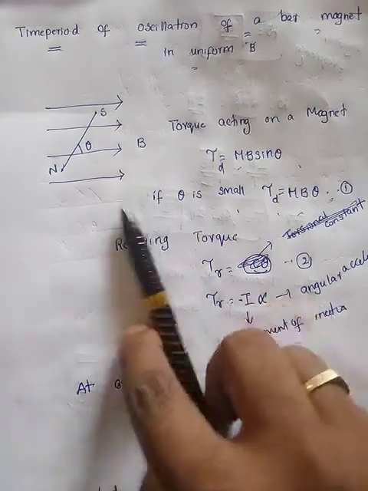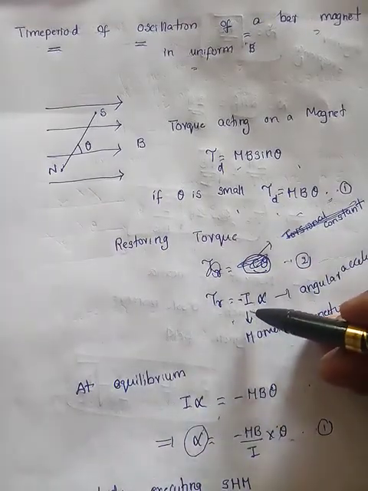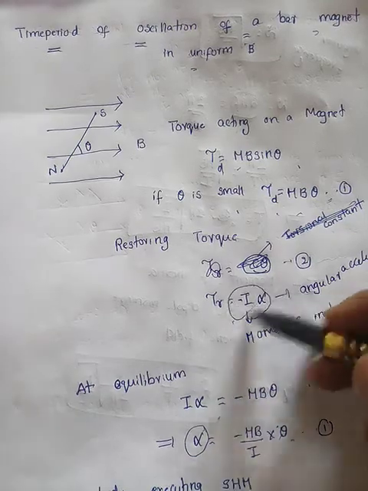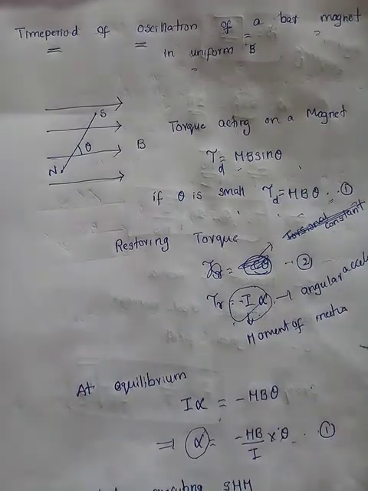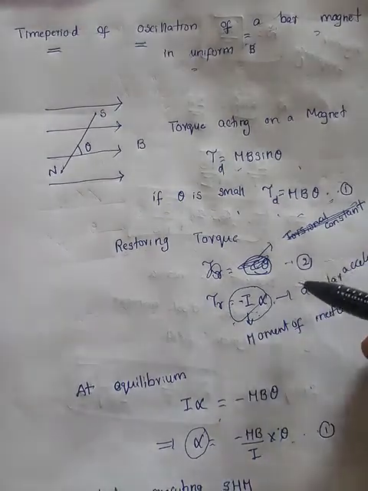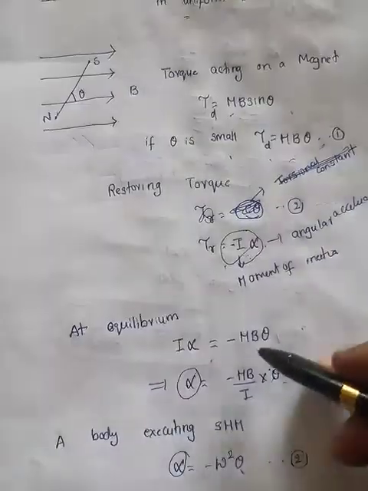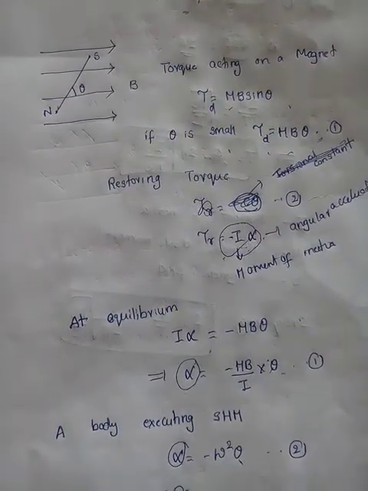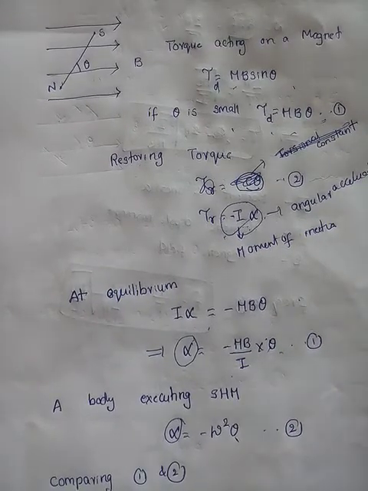What is that torque called? Restoring torque. That restoring torque is in the opposite direction, and it depends upon the moment of inertia of the body and the angular acceleration. So, tau r is equal to minus I alpha. If the body is in equilibrium, both are equal. I alpha is equal to minus mB theta. From that, alpha is equal to what? Minus mB by I into theta.